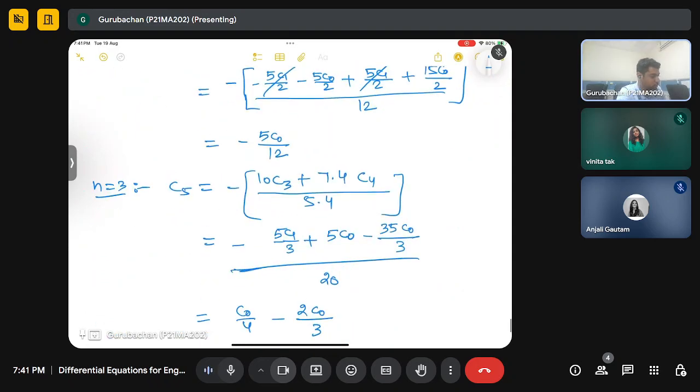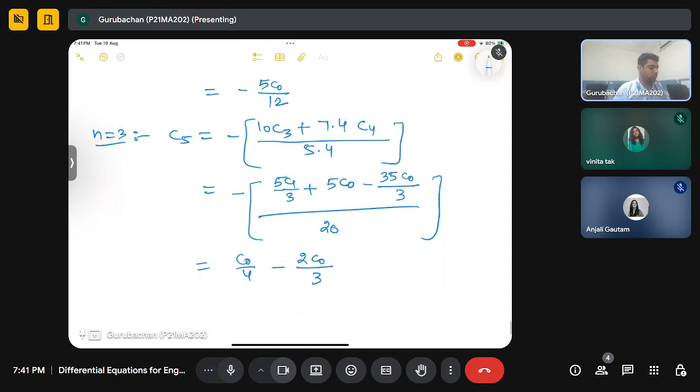So from here, this negative sign is outside, so this will give you again. So we have to solve it for the C0. So let me check the answer.